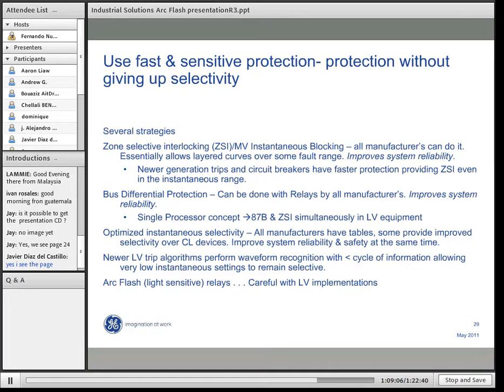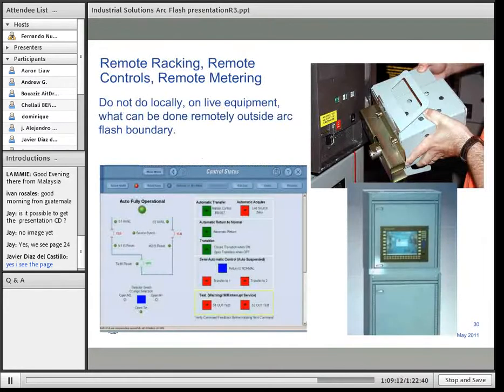And then you have your arc flash light sensitive relays, and it says be careful with low voltage implementations. And what that means is in low voltage equipment you have air circuit breakers in a lot of cases, not vacuum or SF6. So these normally have arcs when they open anyway.